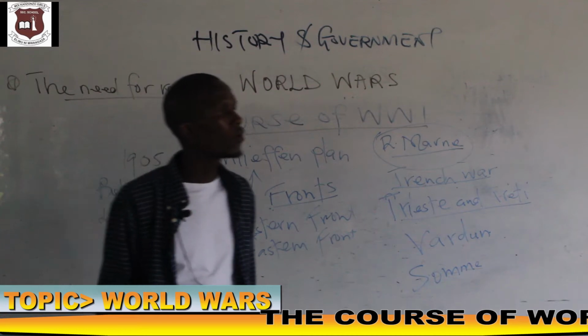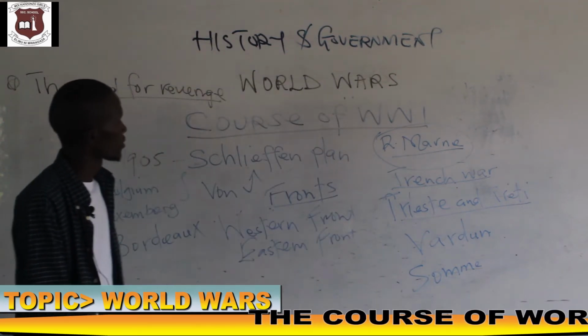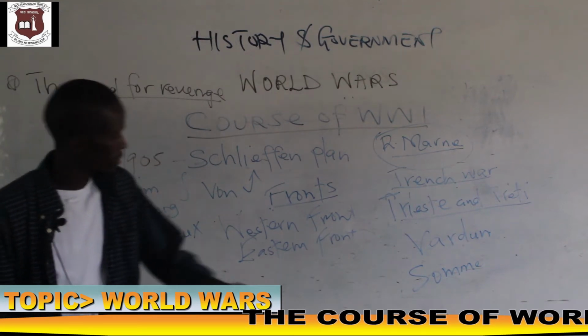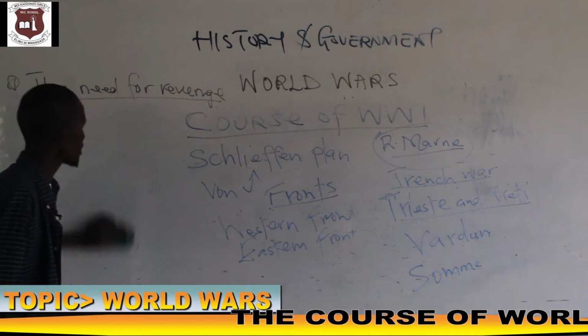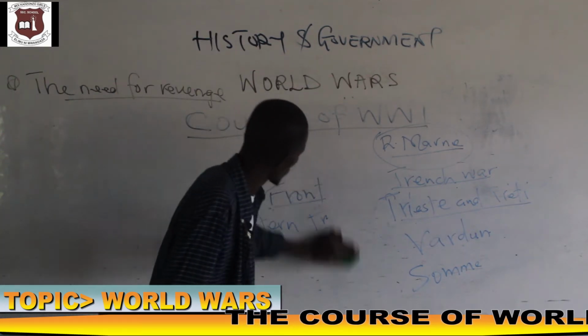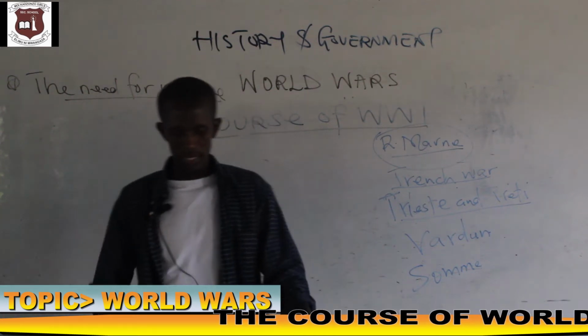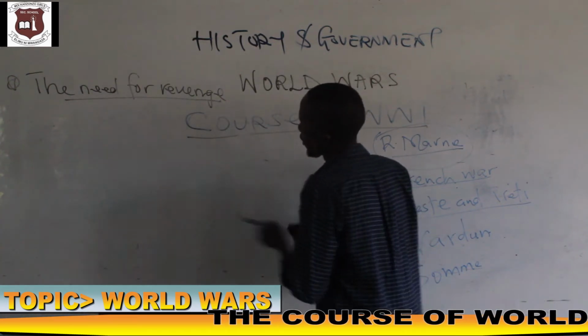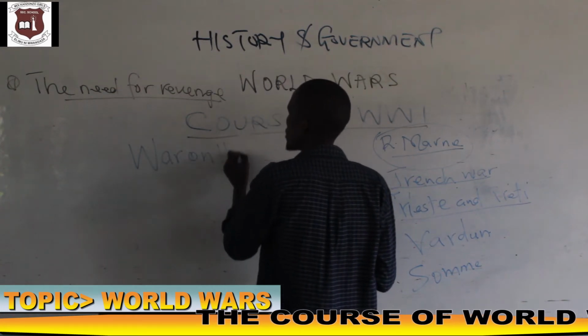Let us look at the war on the Eastern Front. We said that the war on the Eastern Front was fought in the Balkans, and it was also fought in Russia. Now, how was it done?